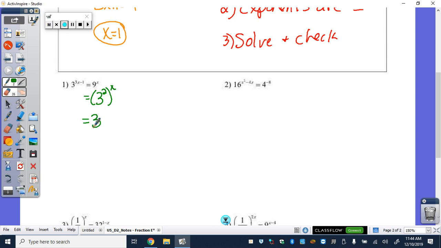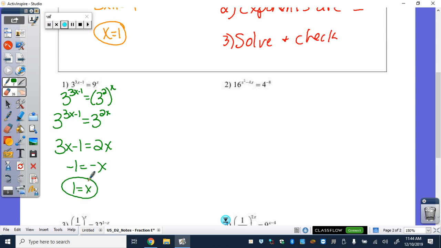So then we have to do our power to a power rule, so that makes it turn into 3 to the 2x. The other side didn't change at all, so that's still 3 to the 3x minus 1. So now our exponents are equal. So go ahead, finish solving for x. Subtract my 3x over, divide by negative 1, and we get x equals 1.